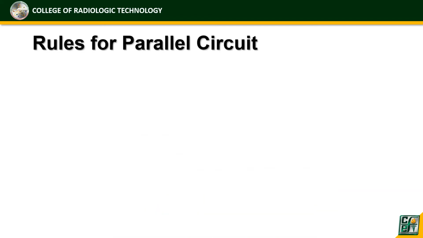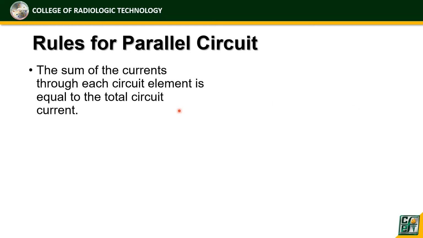So, when we apply Ohm's law to the parallel circuit, these are the rules we need to follow. Number 1, the sum of the currents through each circuit element is equal to the total circuit current.